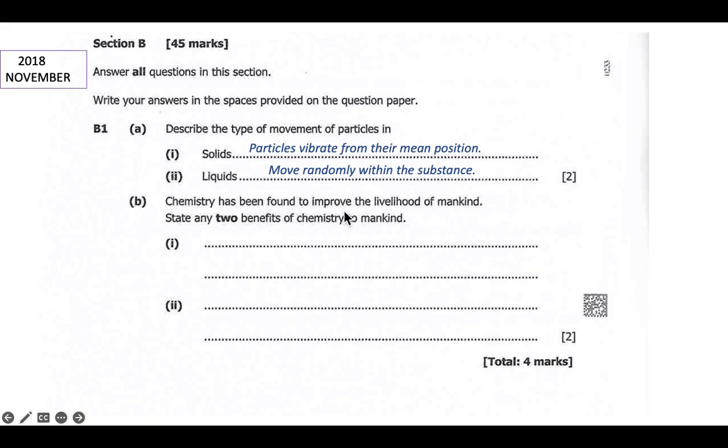Chemistry has been found to improve the livelihood of mankind. State any two benefits of chemistry to mankind. One, separation techniques are important for water purification, ensuring water is safe for drinking.